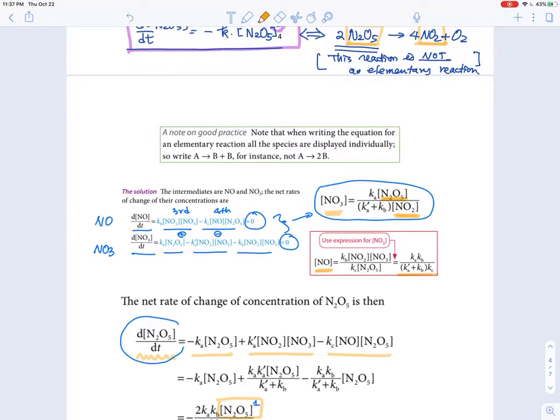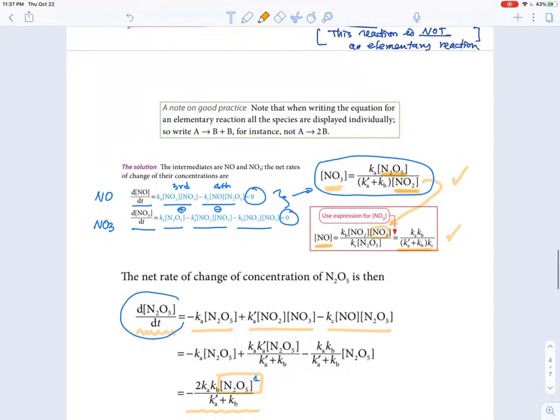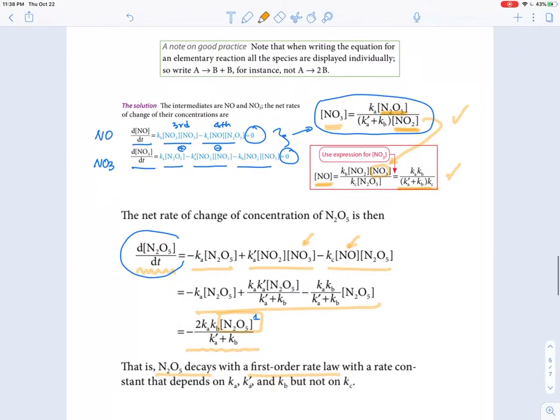Since this is already known, we can use it here and calculate those two values. Once you know the intermediate concentration values, you can put them in, and you will be left with nothing but the first order reaction components.